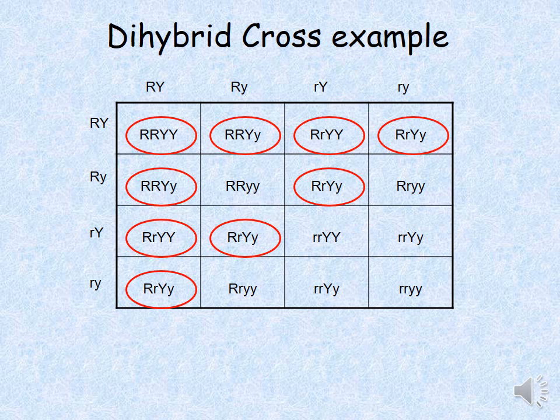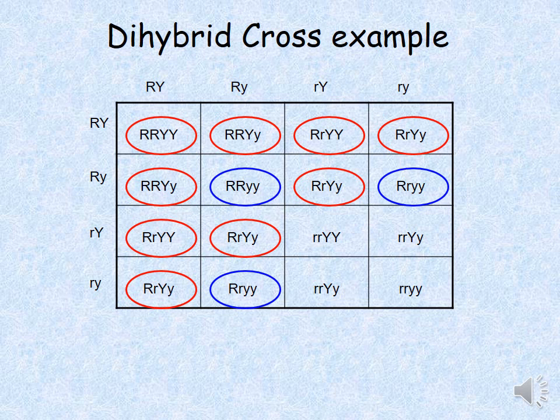I guess we're looking at the phenotype here, and I don't know if you remember, big R equals round and big Y equals yellow. So all of these cells, even though they all have different genotypes, all of them will have the phenotype round and yellow.